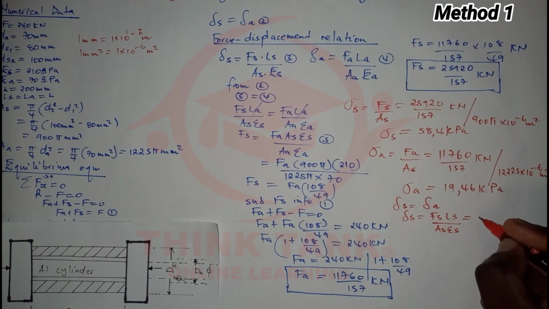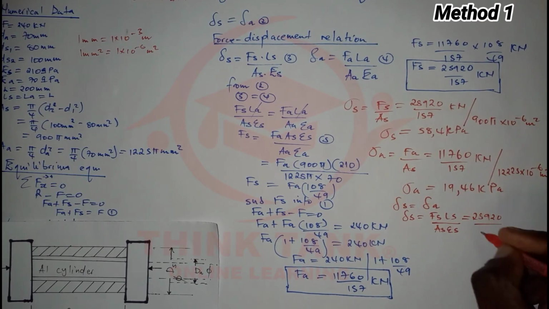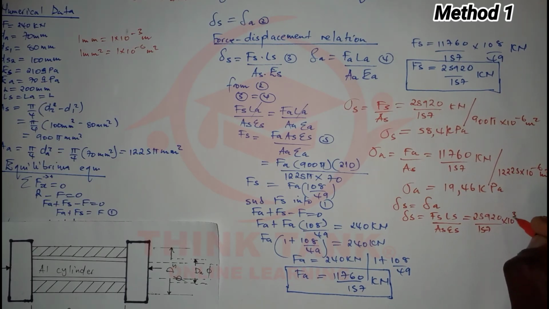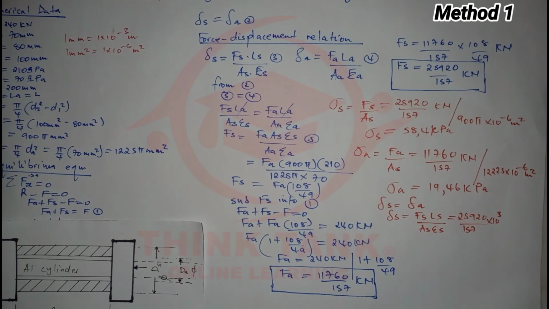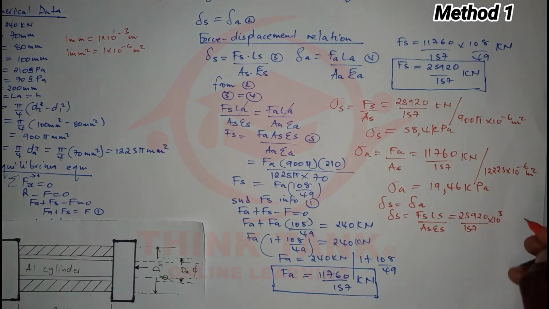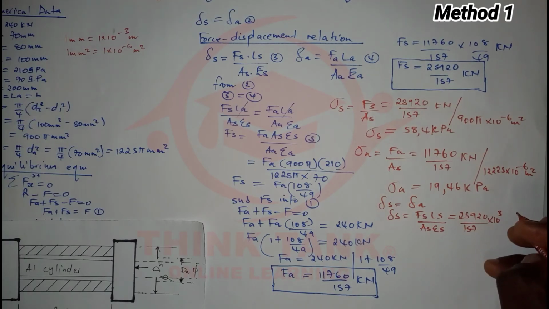The force on the steel is 25,920 divided by 157. Now I'm going to multiply this by 10 to the power 3 to change it to newtons. Now I'm going to multiply by the length. The length is 200 millimeters, right? You can just change it to meters.